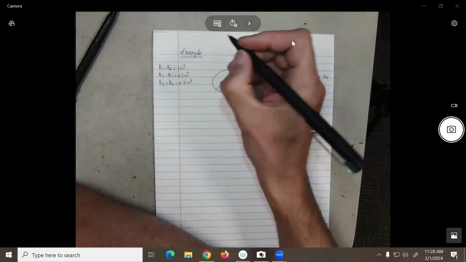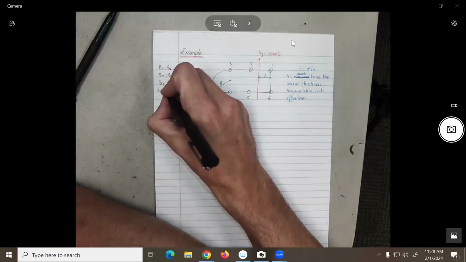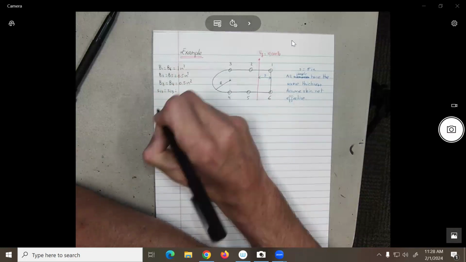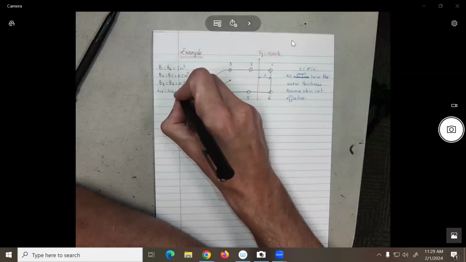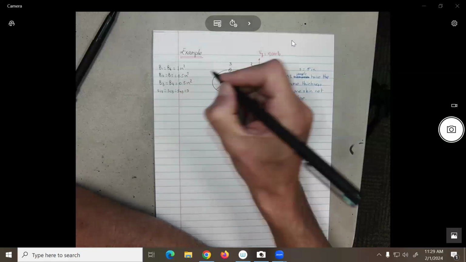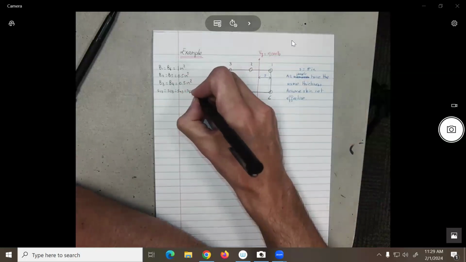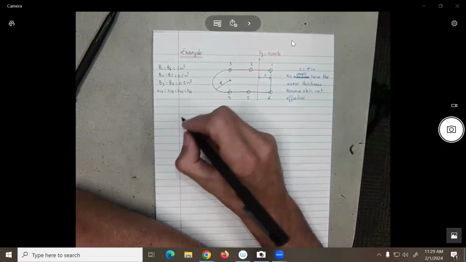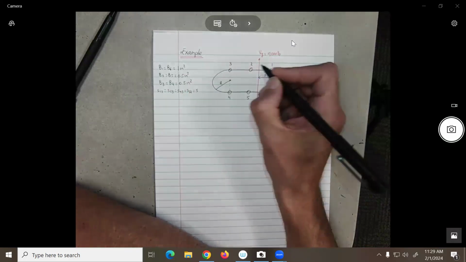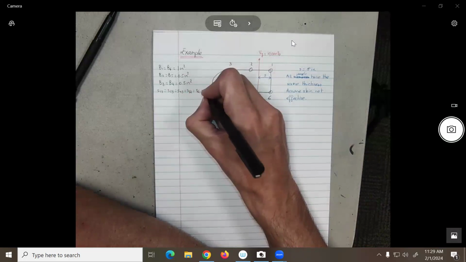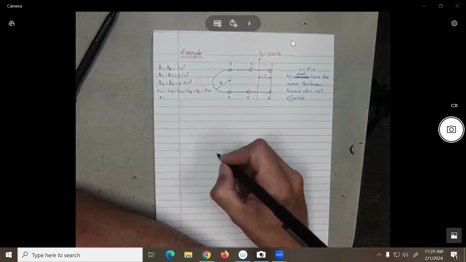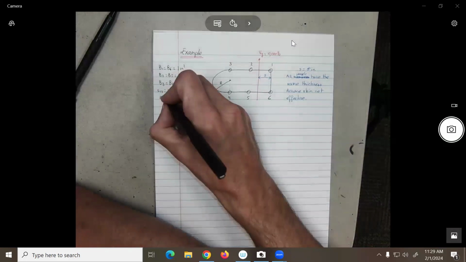And then all the other distances, S12, S23, equal S45, equal S56, and equal S61 equal to 10 inches. And the radius R is 5 inches.